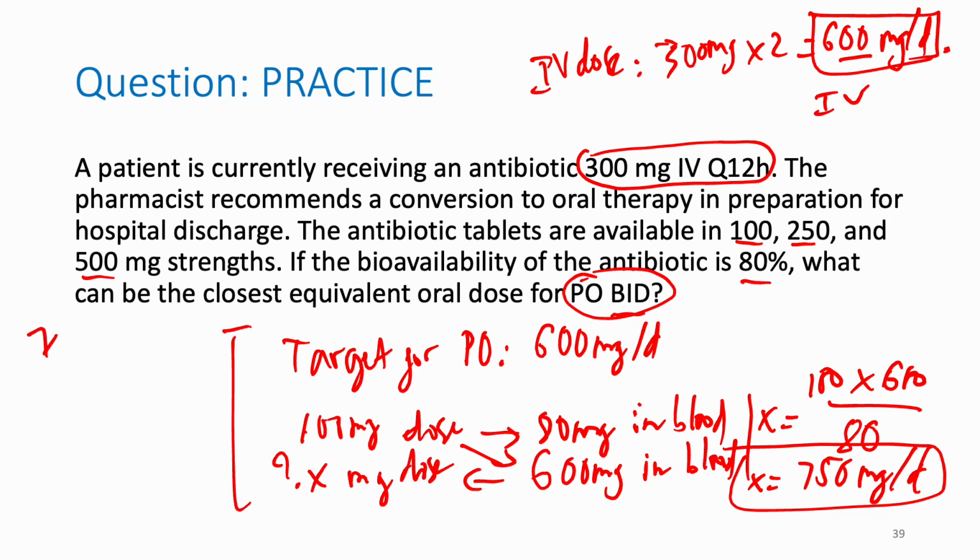Okay, 750 milligram per day. If 2 times per day, ideally it would be 375 milligram per dose, 2 times a day. But because you don't have that available strength, you cannot do that. So you can do another way.